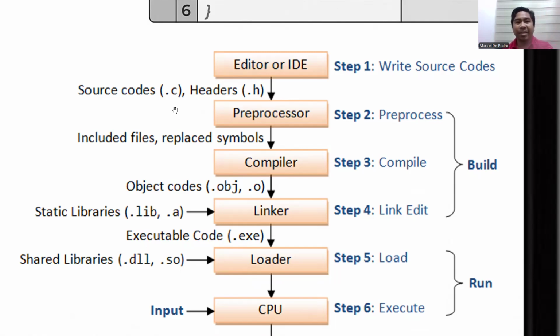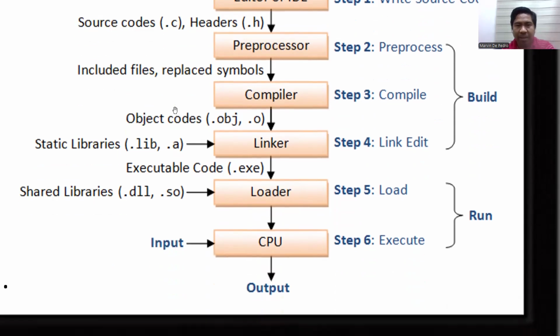Okay, so once it is compiled, you now have object codes, and they are normally saved as .obj or .o. After that we have the static libraries, the loader, and up to the CPU before we get the output.